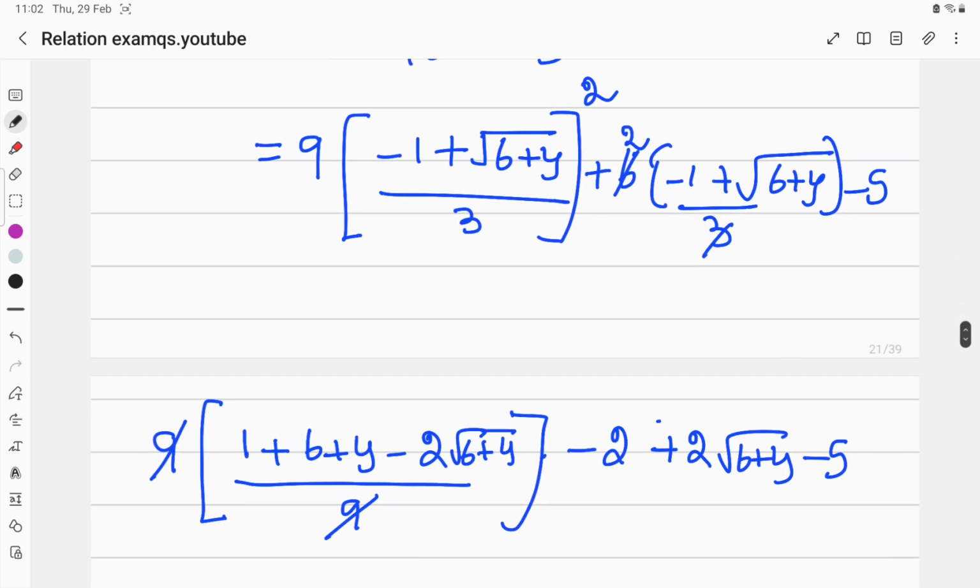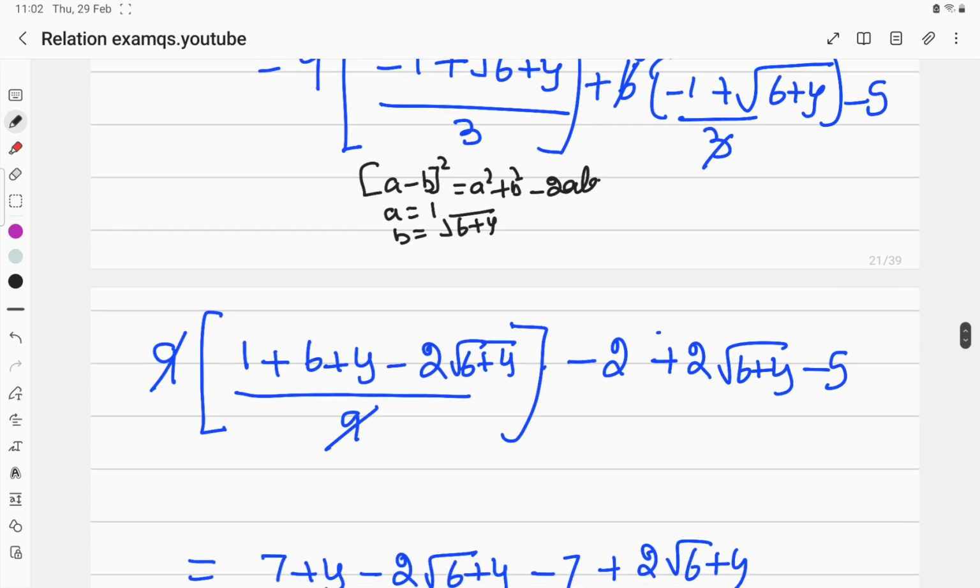We get on expansion here a minus b the whole square, a square plus b square minus 2ab, where a is equal to 1, b is equal to root of 6 plus y.